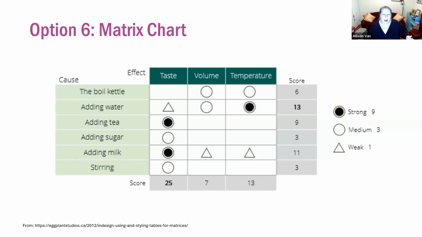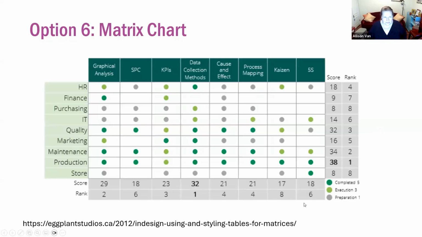I tend to prefer colors to symbols because you don't need as much of a coding structure. A lot of that is intuitive for people. This works, and the scoring can be kind of a nice way to be able to focus people on columns and rows.